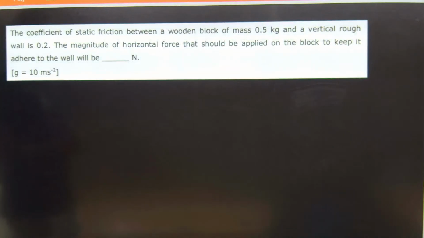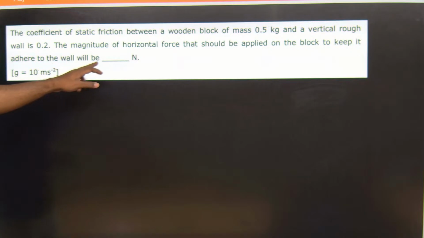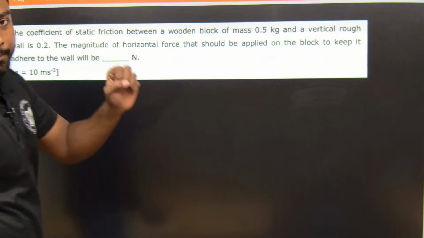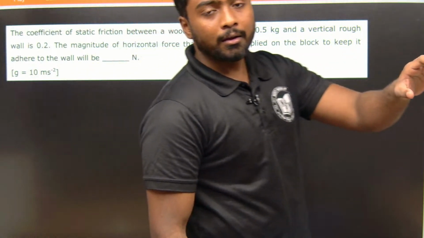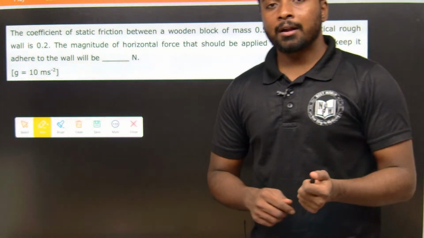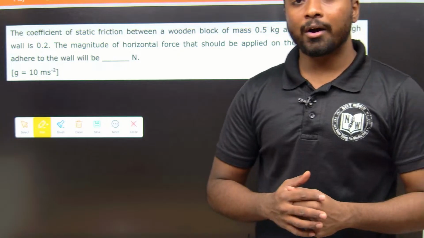So the next question is: the coefficient of static friction between the wooden block of mass 0.5 kg and the vertical rough wall is 0.2. The magnitude of horizontal force that should be applied on the block to keep it adhered to the wall will be. So they have taken a wooden block and kept it against the wall, and a force is applied in the horizontal direction.